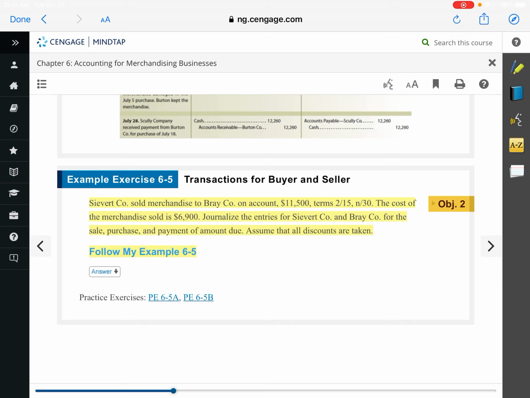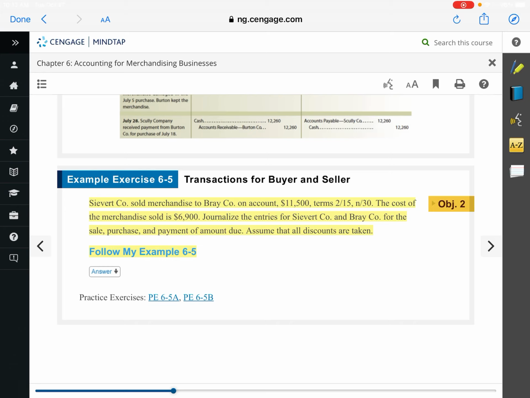All right, so what do they do? What type of transaction do they enter into? So they purchased merchandise. All right, so merchandise is an asset. So if they're increasing their amount of asset, we're going to debit merchandise inventory. Okay?